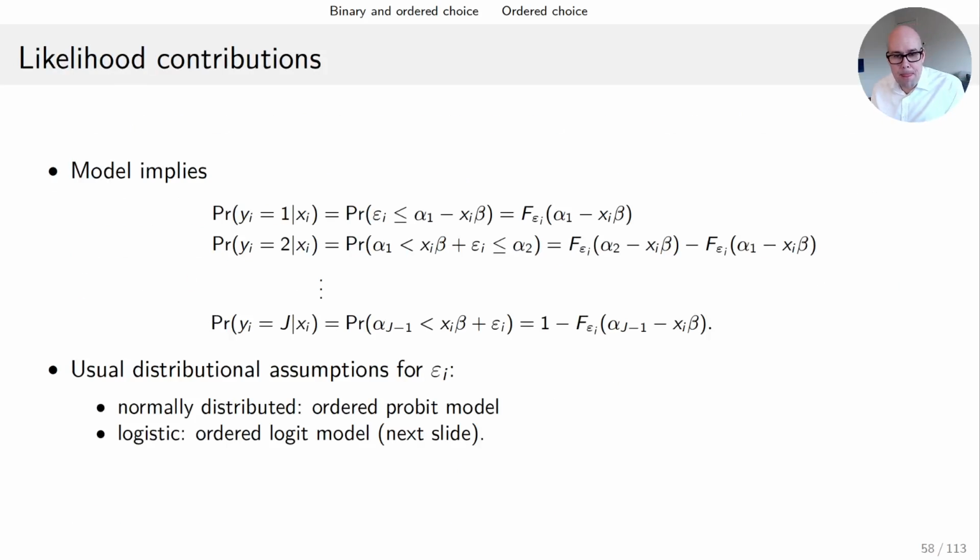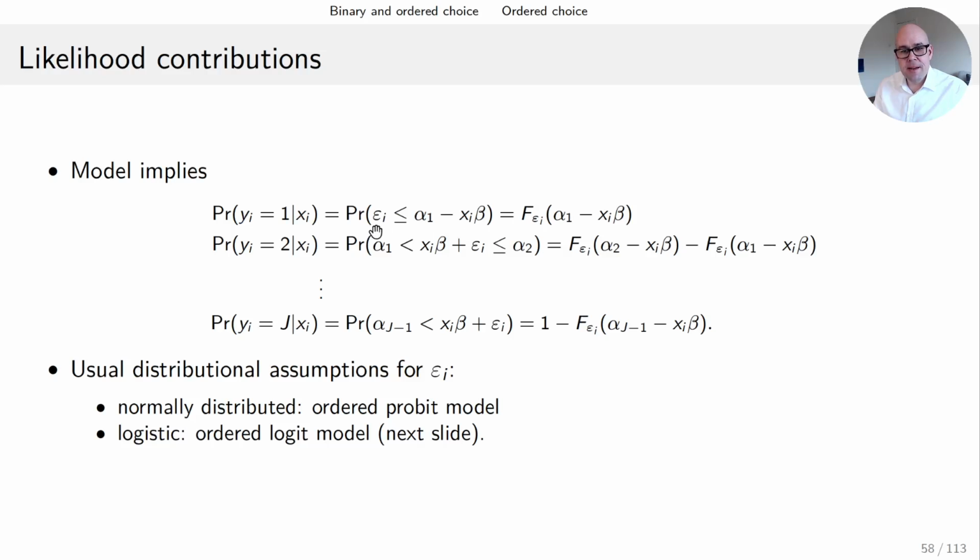Now, once I go back to the general ordered choice model, what I can do is write down choice probabilities, and these are of course likelihood contributions. And you see them here on this slide. So the probability that y is equal to 1 given xi is the probability for the lowest outcome, and that is the probability that epsilon I is less than alpha 1 minus x beta.